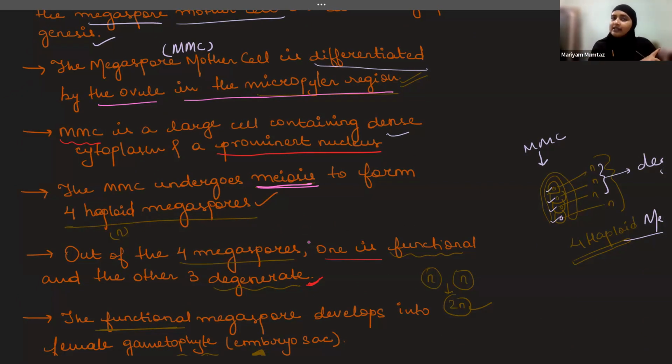Just like in that case also, the pollen mother cell was developed, then that underwent or undergo, what is the word? Undergo or underwent? Undergo, right? But if I'm saying it in past tense, what will it be? Underwent? I don't know. It's undergoing. Undergoing? No, undergoing is continuous.